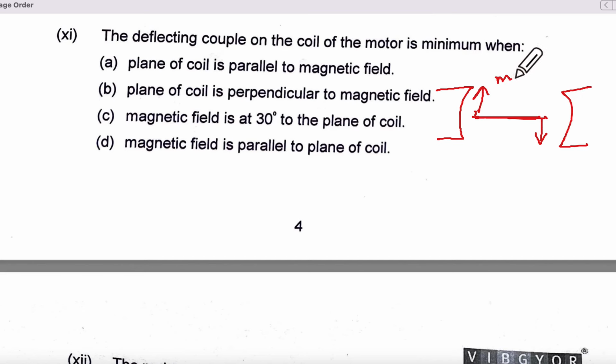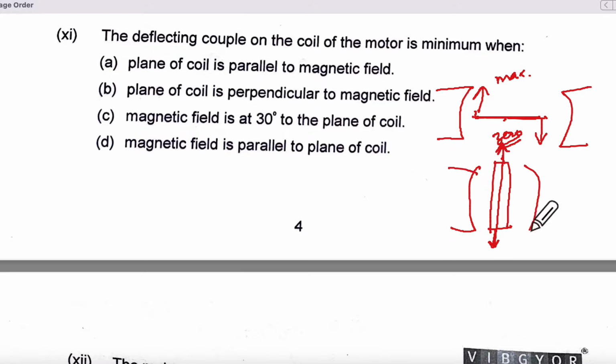When the plane of the coil becomes like this, it will experience one force upward, one force downward, but they will be in one line only. So the rotation will be zero. Do you understand? Yes, ma'am. So how will you describe this position? The plane of the coil is perpendicular to the magnetic field.